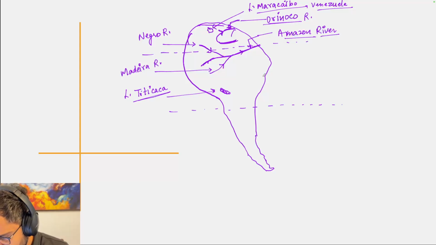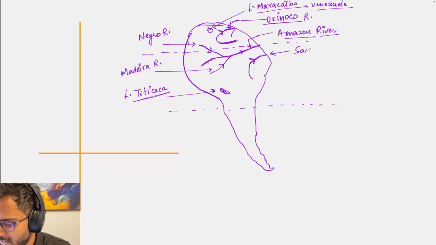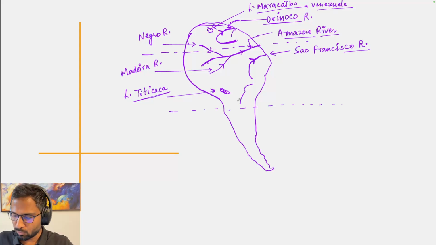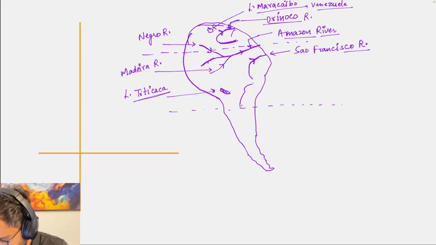Anyway, so over here near this Brazilian highland, you'll find a river originating and moving eastward called São Francisco River. Then near to this origin of São Francisco River, another river flows southward and this river is called River Parana.